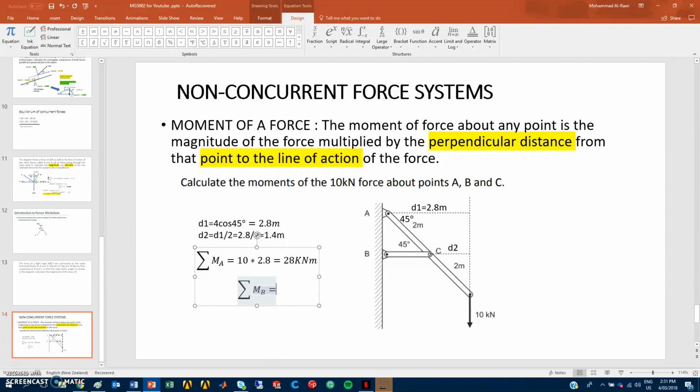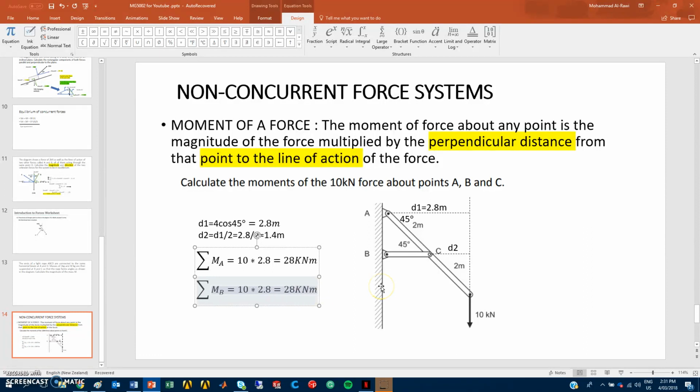That will be equal to 10 times 2.8, because again we're transferring the 10 kilonewtons to multiply by that distance D1, which is 2.8.